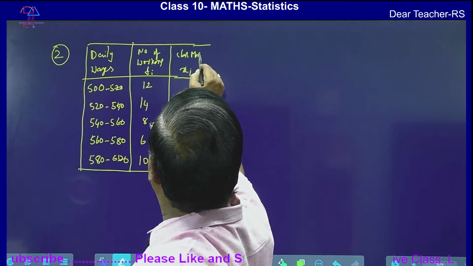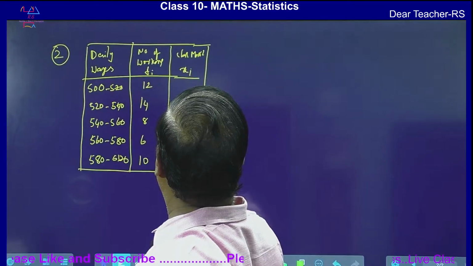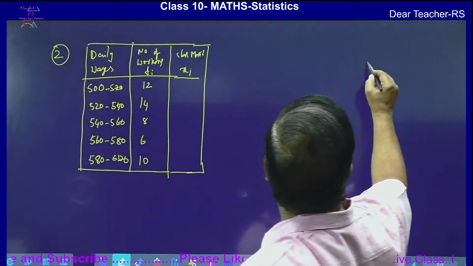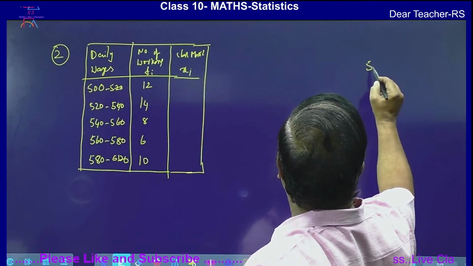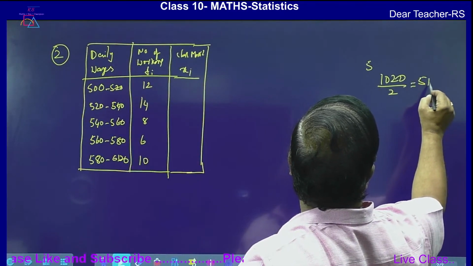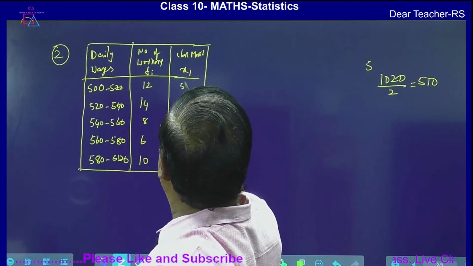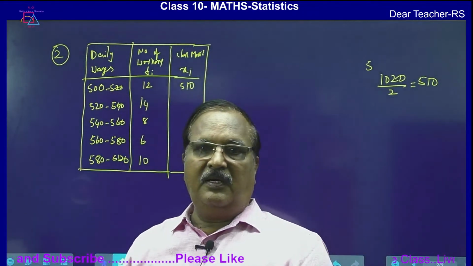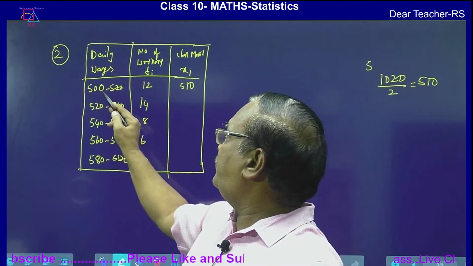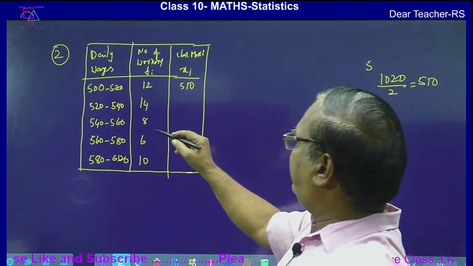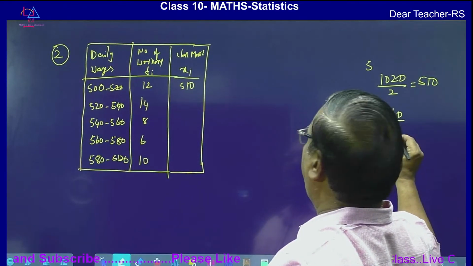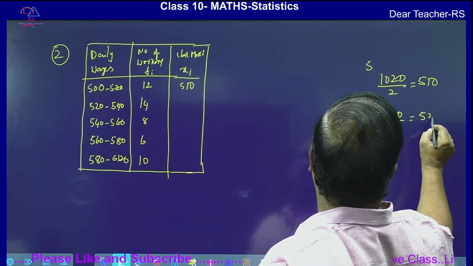How much? 500 and 520 is 1020, by 2 is 510. You have to add these two limits and divide by 2, the average of these two limits. Now 520 and 540 is 1060, by 2 is equal to 530.